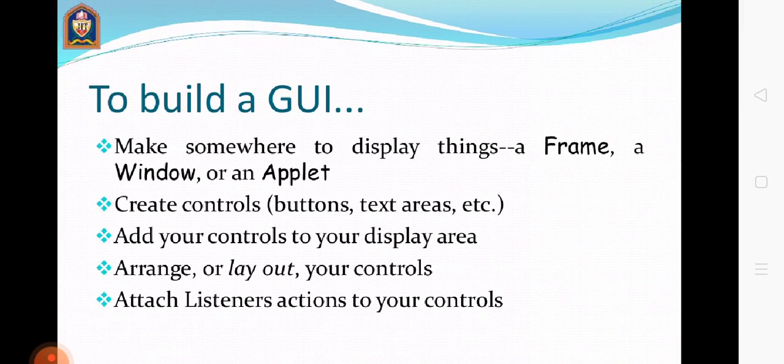When we are going to create a GUI application, we must be aware of some more terminologies like frame, window, or applet. We should know what a frame is, what a window is, and what an applet is. If we create a graphical user interface, we must involve controls.